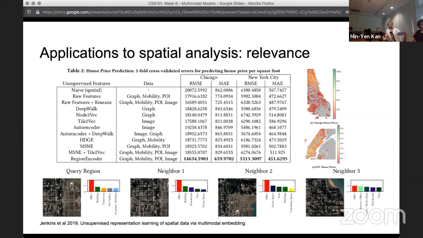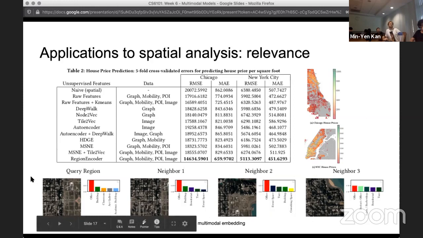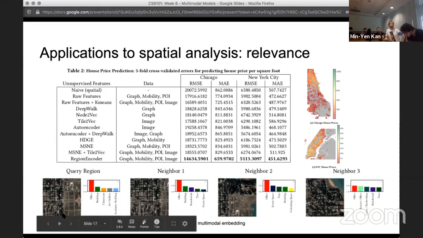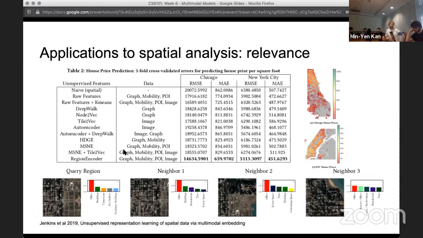Another application is querying databases. Let's say you show a satellite picture of an image, and then you ask for similar neighborhoods, and the model will give you similar neighborhoods. In this case, I'm showing a commercial district.